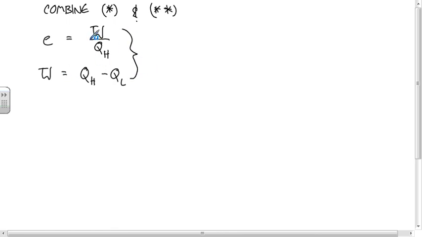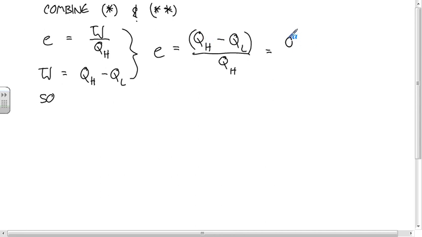So now combine these two equations and you get that the efficiency is equal to QH minus QL over QH. And so you can rewrite this. Notice we can separate this into two pieces: QH over QH minus QL over QH.